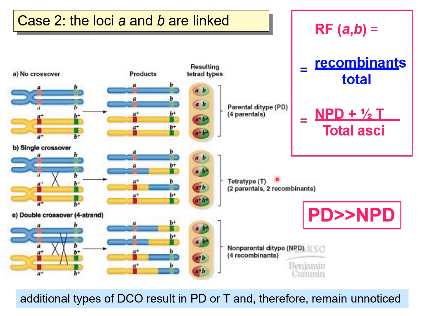Because if you look at this tetratype here, half are recombinants. So total recombinants would be the non-parental ditype plus one half of tetratype, divided by the total asci.